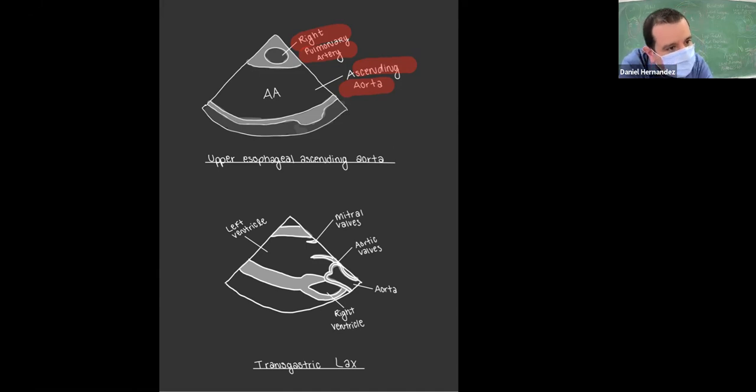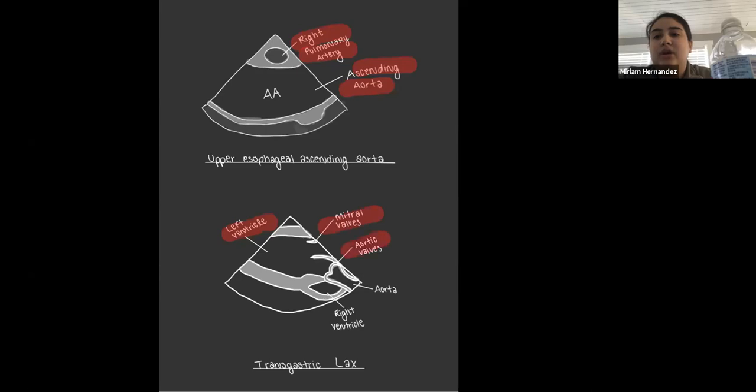Okay. So the last image was the transgastric long axis view. You can see the left ventricle, the mitral valves, the aortic valves, the aortic root and the aorta, and then the right ventricle.